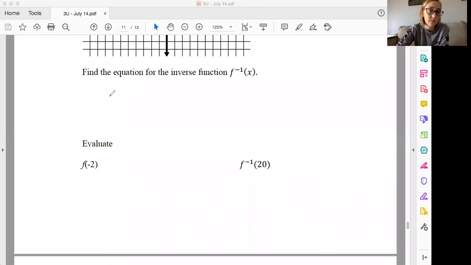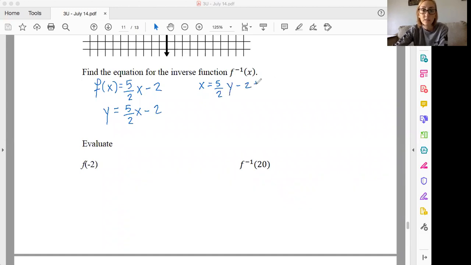Our original function that is written at the top was 5 over 2 x minus 2. Your first step is to rewrite the function with a y. Then you're going to swap the y and the x. Remember that the inverse means that the x and the y are being changed over. So you're going to do it like this. And then you're going to solve for y. You're going to add 2 on both sides, that cancels that out.